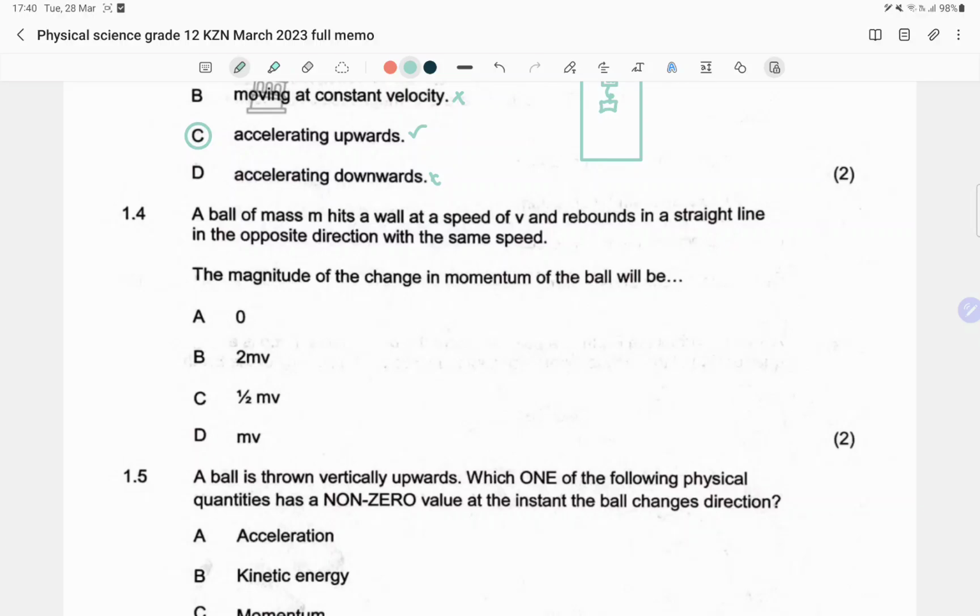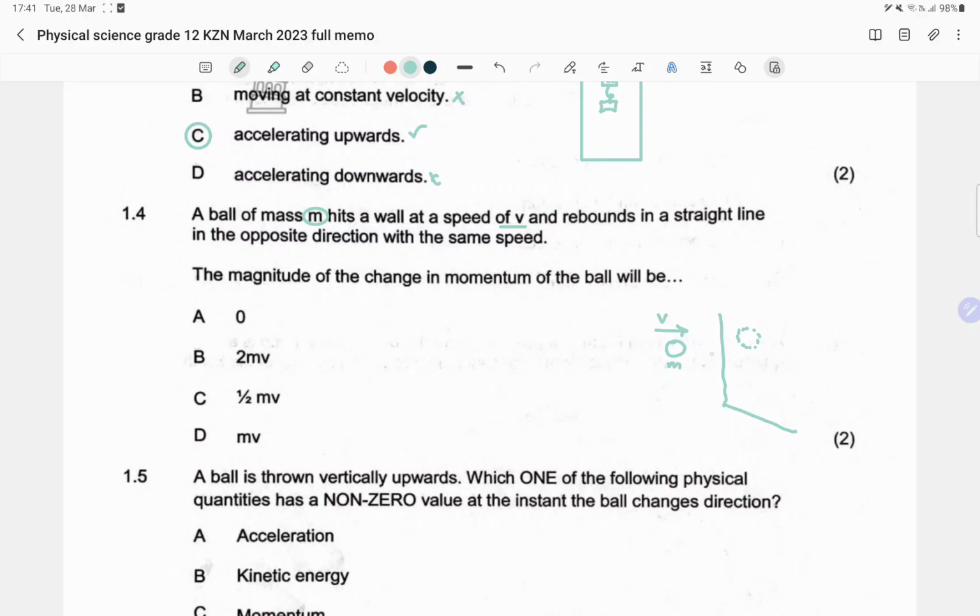Okay, a ball of mass m hits a wall with a speed v. So we've got the wall here, and there's our ball of mass m, going in that direction with speed v, and it's going to hit this portion of the wall, and then rebounds in a straight line.